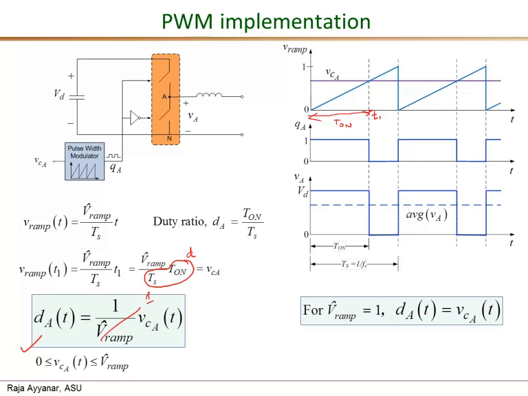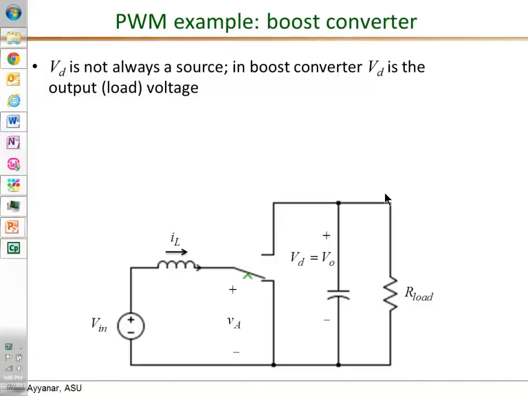So if you're using the general expression, then the VCA, the control voltage, is constrained to lie between 0 and the peak value of Vramp. Whereas if you use Vramp peak to be exactly 1 volt, then the VCA is constrained to be between 0 and 1.